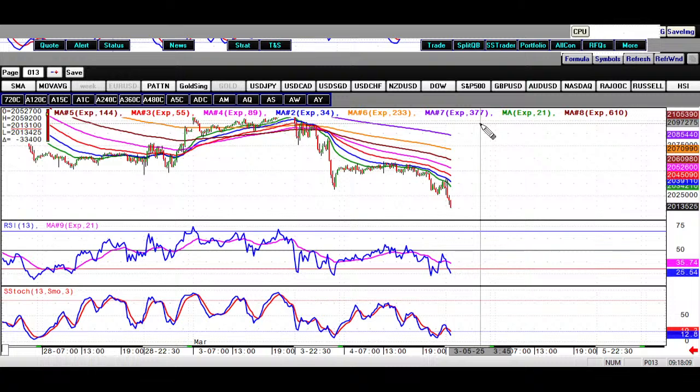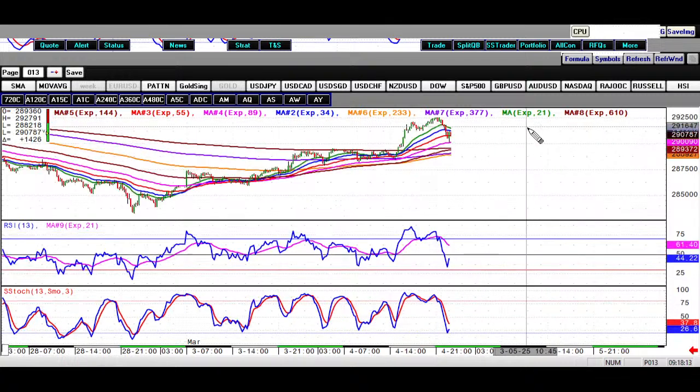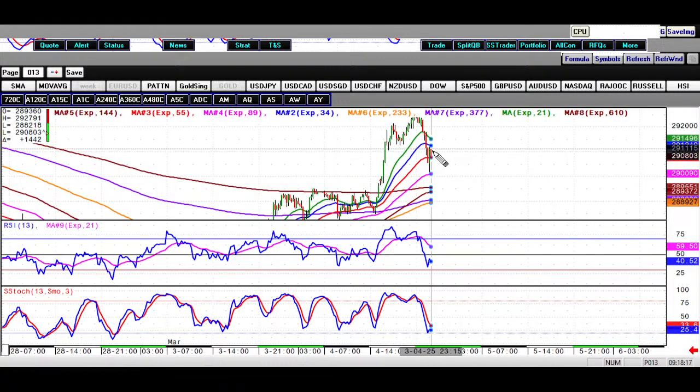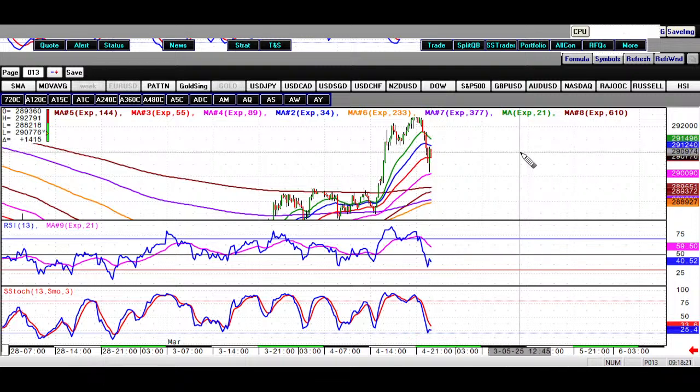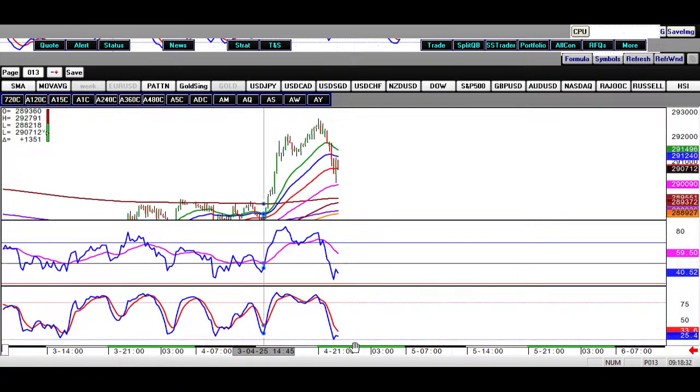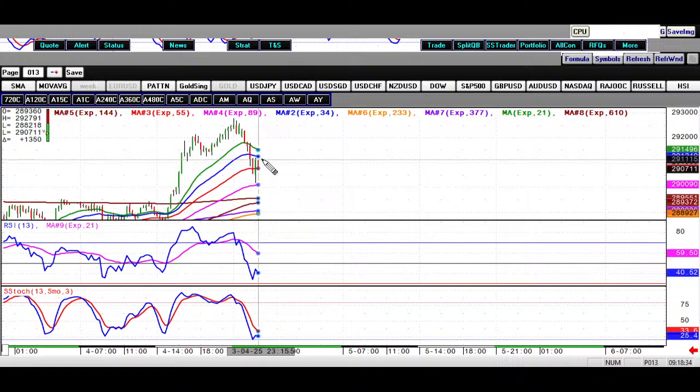So what we can do for gold, we can do range trading between these two levels, but of course this is only for aggressive traders.